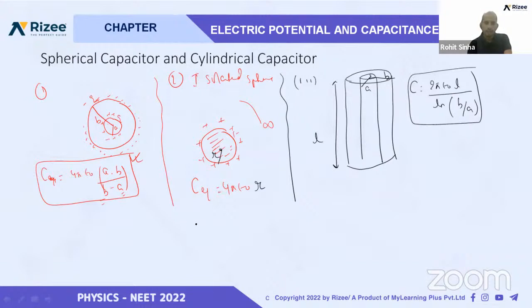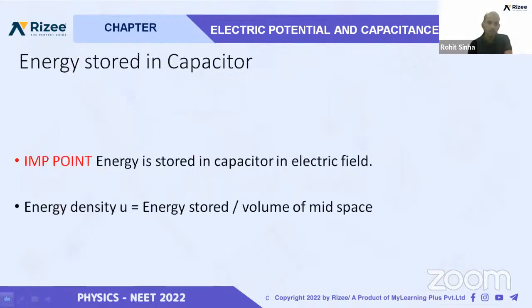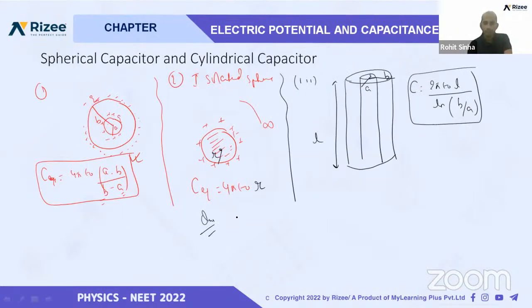Okay, one question for practice. Find the capacitance of the earth having radius r equal to 6400 kilometer.